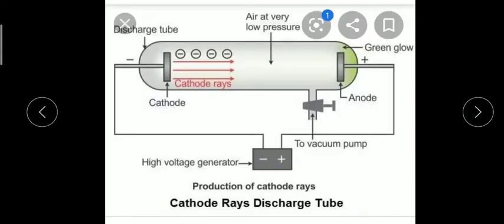So remember, the cathode electrode emits the cathode rays, and when they strike the glass, it will glow green. What are the conditions? I told you: very high voltage, very high temperature, and very low pressure. These conditions are important to know.